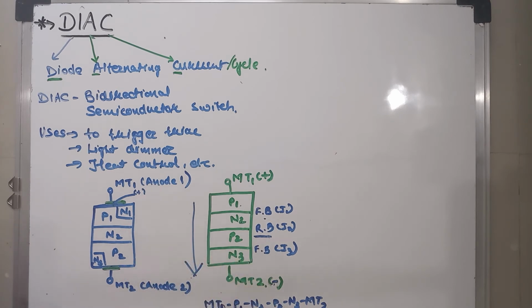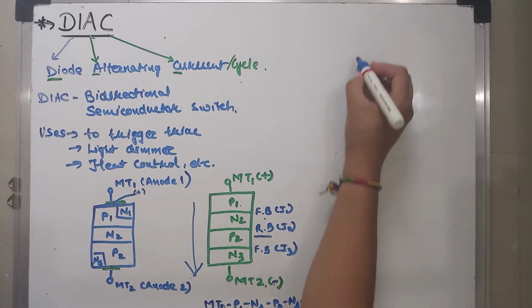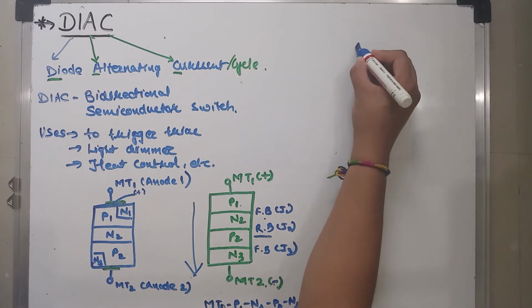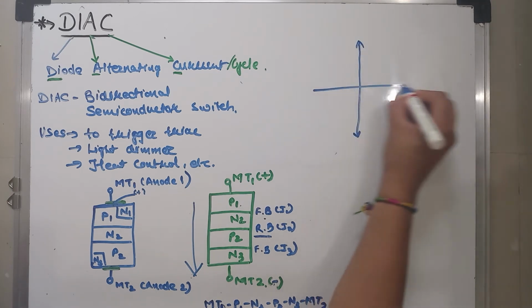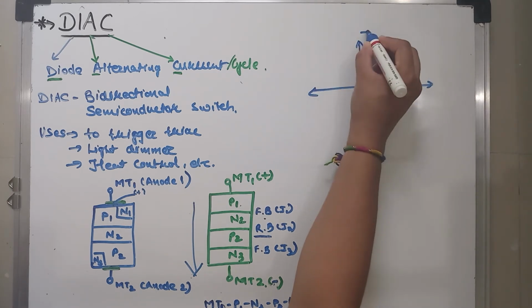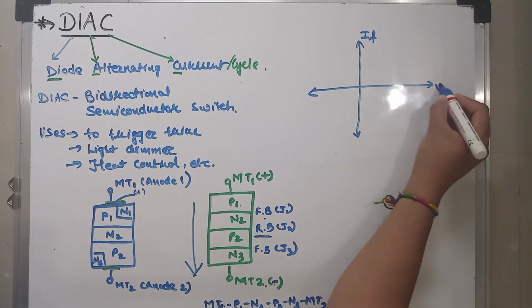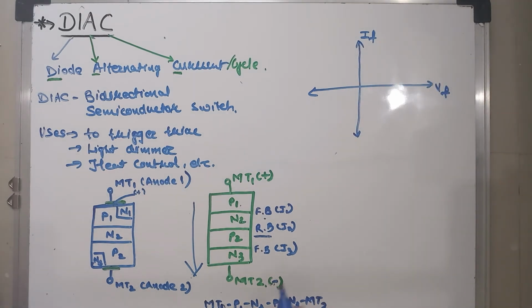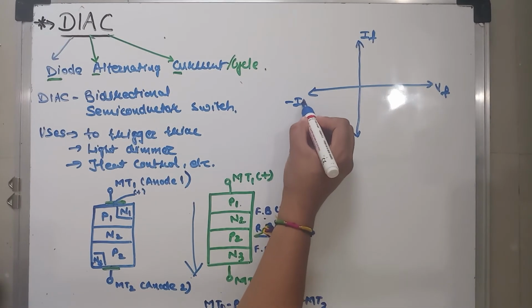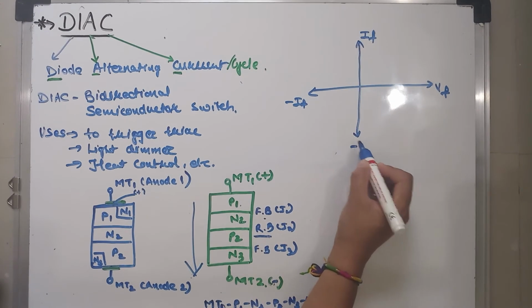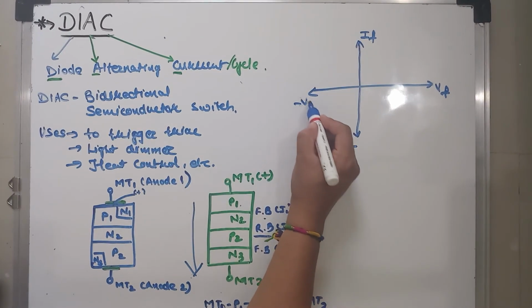So the V-I characteristics are like this: I is plotted on the y axis and V is plotted on the x axis. Here is the forward current and the minus forward current.